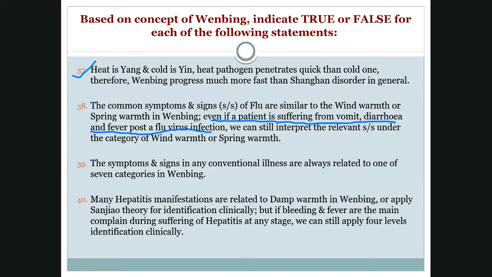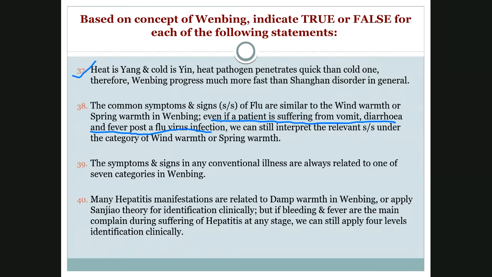So damp heat is different from the common wind warmth and spring warmth pathogens, yes? So even if it has presented after a flu virus infection, once you present with gastro conditions, they do not belong to wind warmth or spring warmth anymore. Which category of Wenbing do they belong to then? Damp warmth, damp heat warmth.